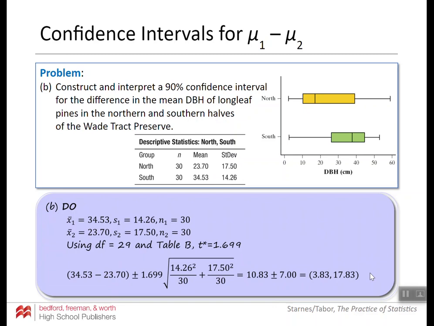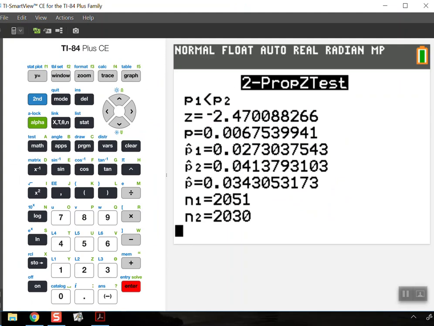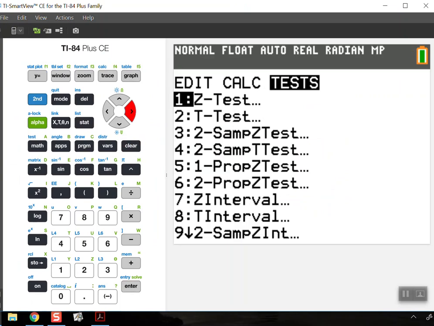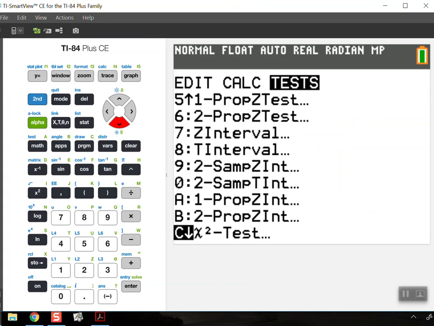I'm going to go to my calculator here. We go to Stat, Test, and we want a 2-sample t interval.